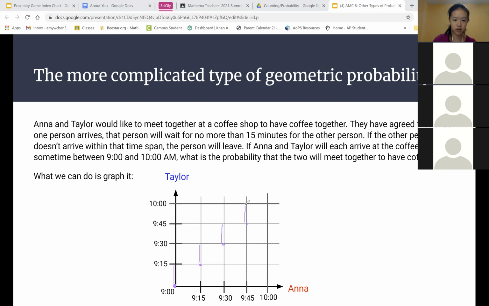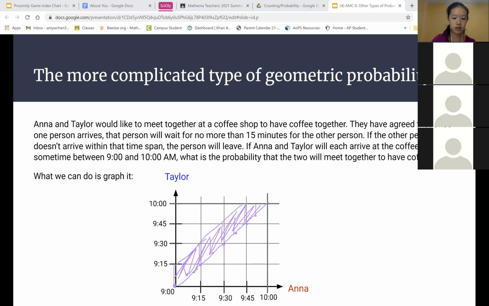So even if Anna arrives sometime in the middle, there's still this 15-minute interval where Taylor can arrive, and they can still meet together to have coffee. This area, in fact, should be shaded. Those represent the times where Anna can arrive and Taylor can also arrive to have coffee.